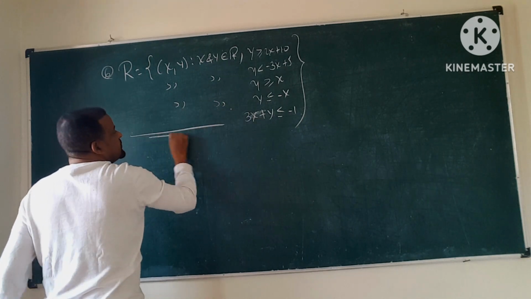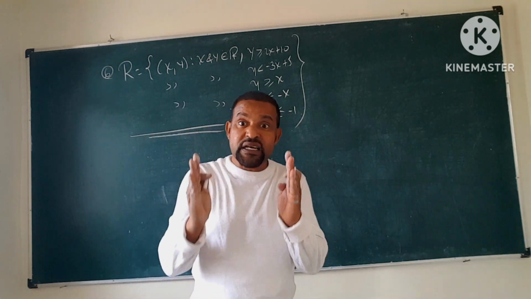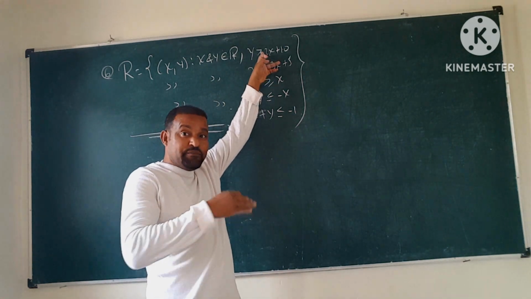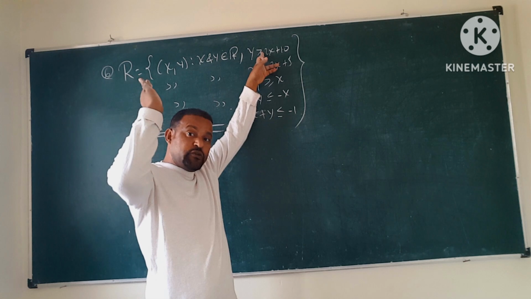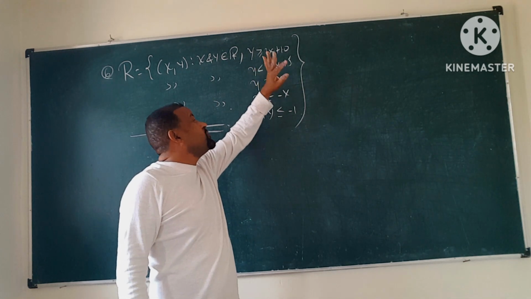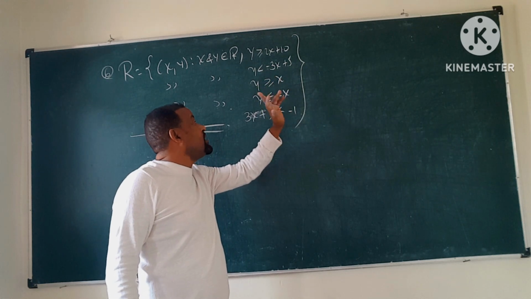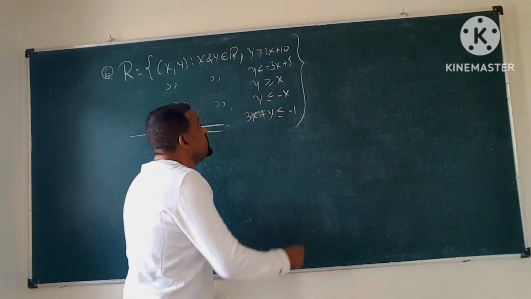This is a do-exercise, in the way I showed you earlier. Boundary line first, then shade the region above or below the boundary line.